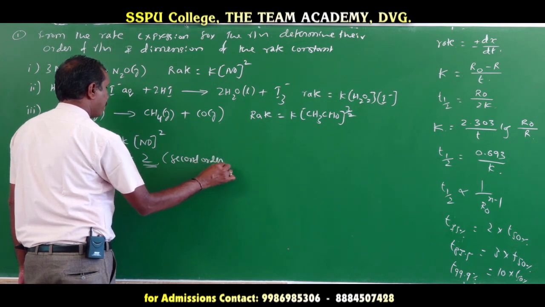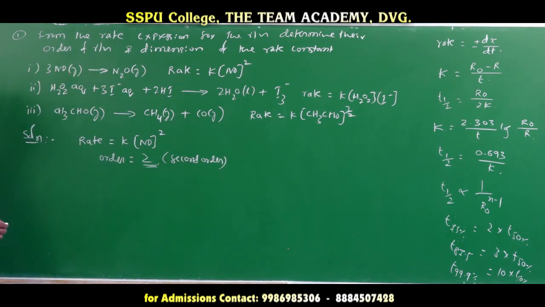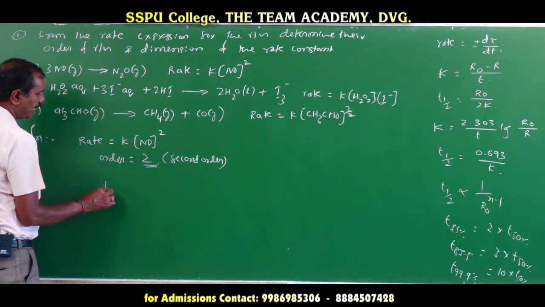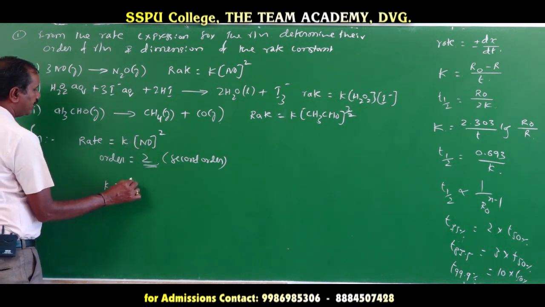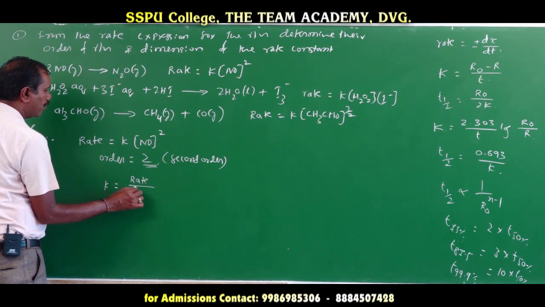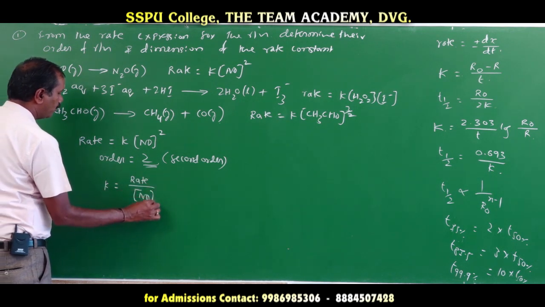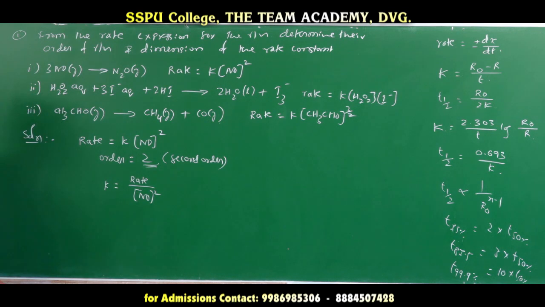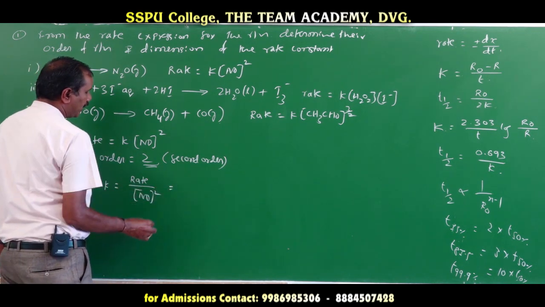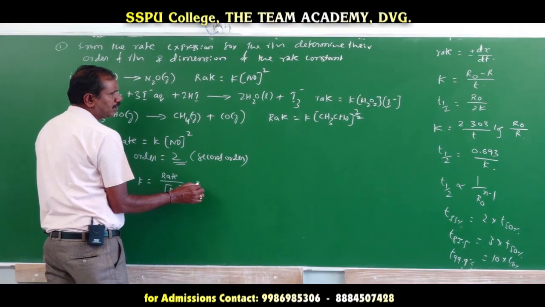Then how to derive the unit for that? K equals rate divided by NO to the power of 2. What is the unit of K? What is the rate? Rate is nothing but velocity.